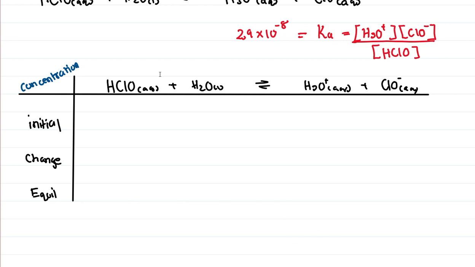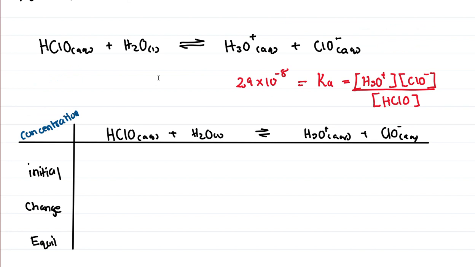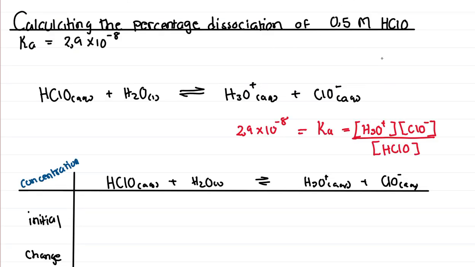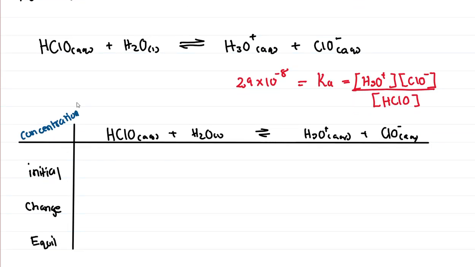The initial concentration that we have is 0.5. So we have 0.5 for hypochlorous acid, and then we exclude water, and for hydronium ion we have 0, and for that one also we have 0.